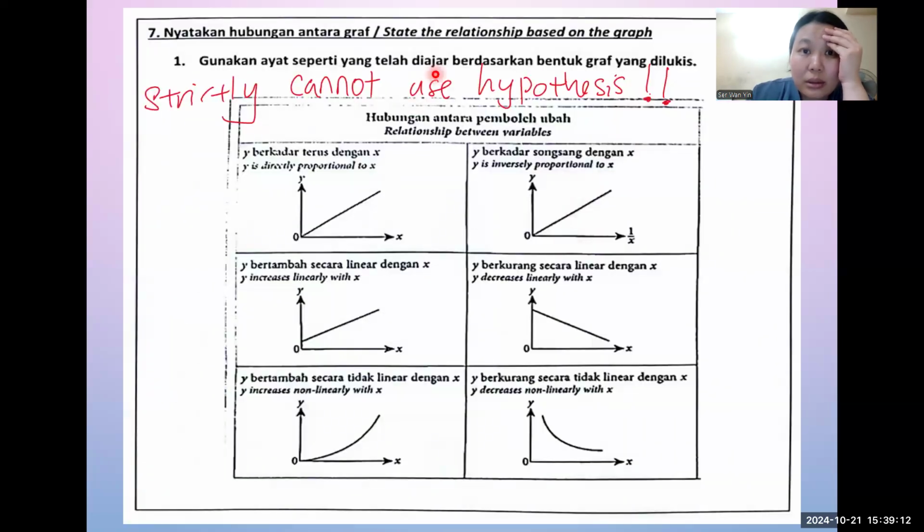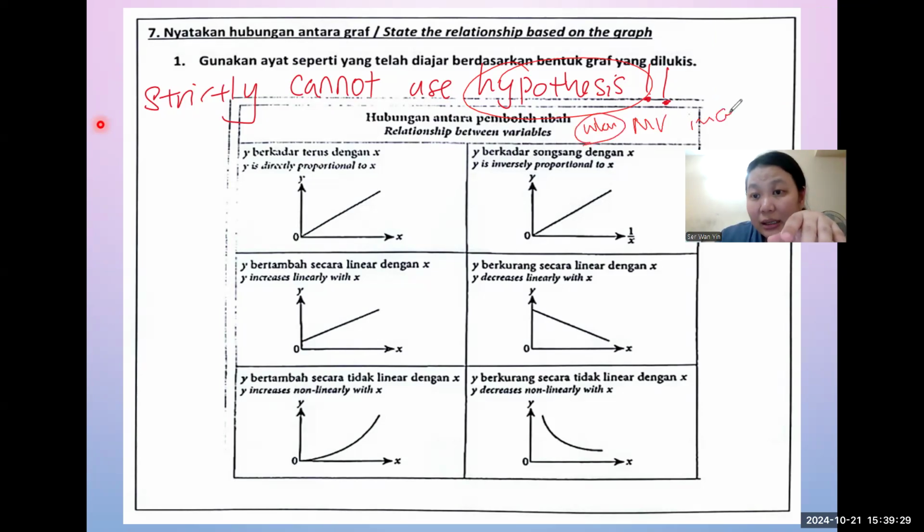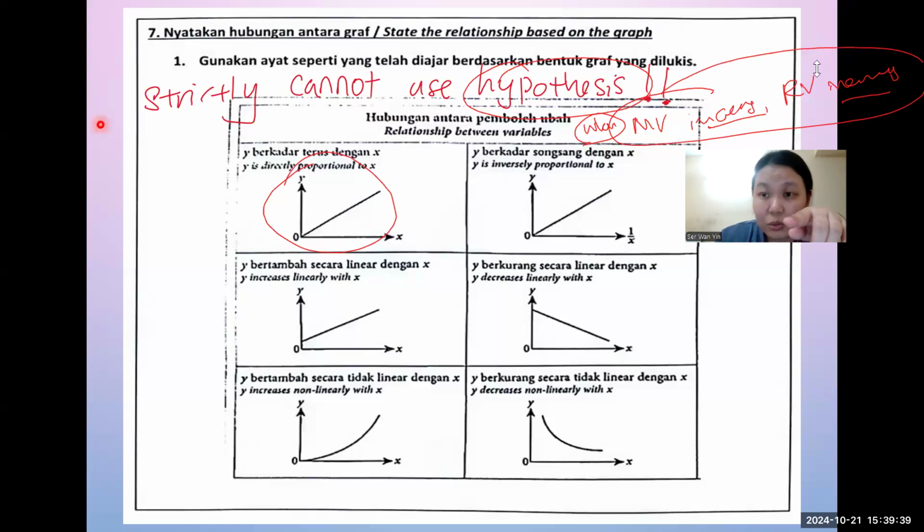Okay, so now after you draw the graph, strictly you cannot use a hypothesis like "MV increases, RV increases". If after you draw the graph you state the relationship in this way, it is directly wrong.